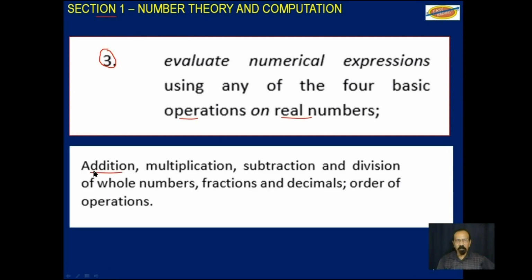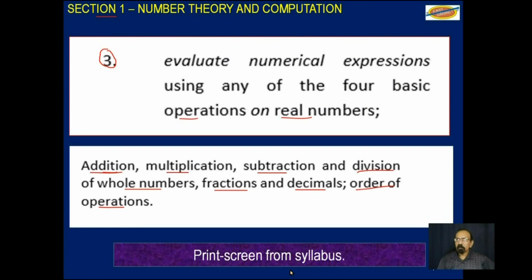And it further explains that we have to deal with addition, multiplication, subtraction, and division of whole numbers, which we will look at first, then fractions, then decimals, and then we also need to look at order of operations. By the way, what you see here is a print screen from the syllabus.